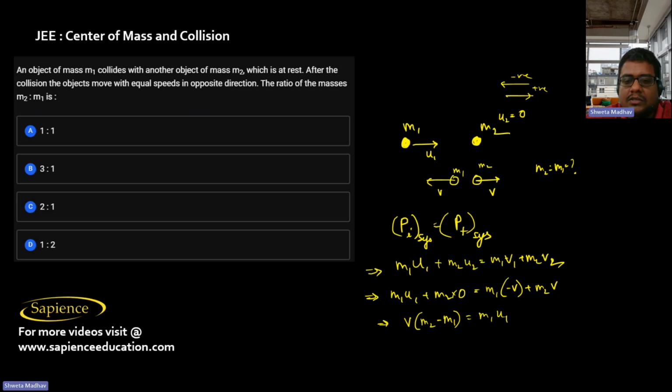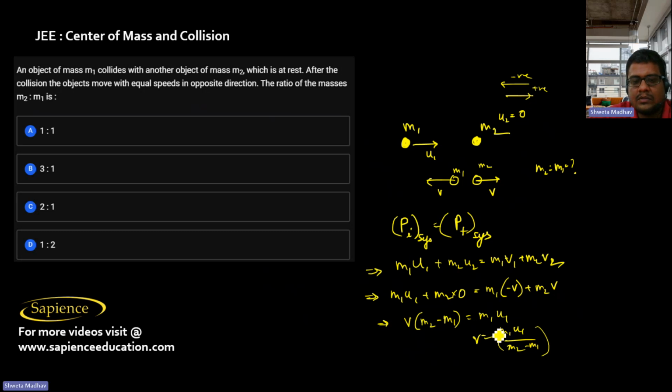Equal speeds in opposite directions. So v will be equal to m1 u1 by m2 minus m1.